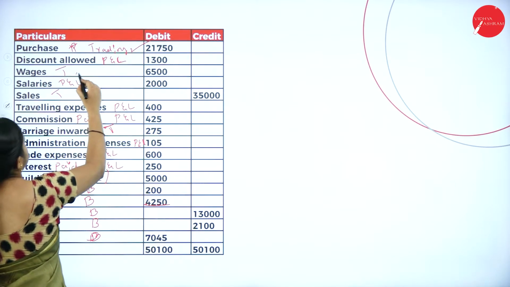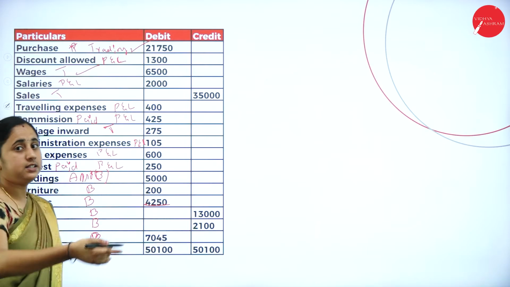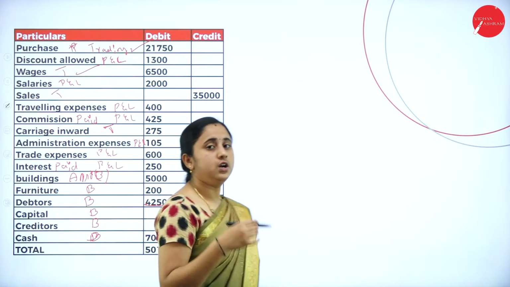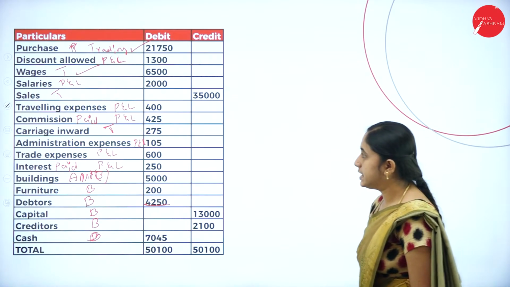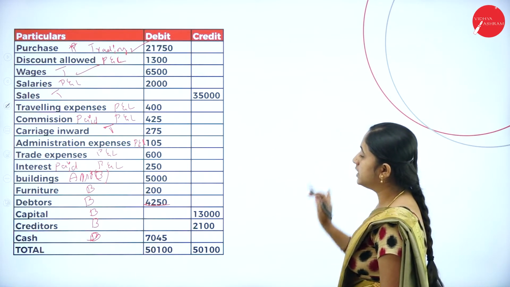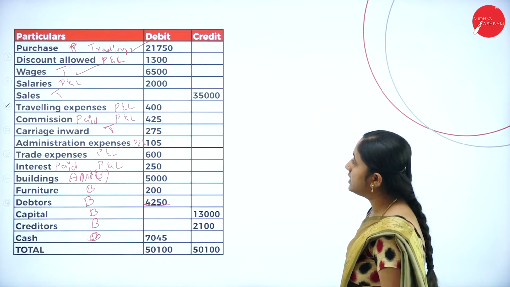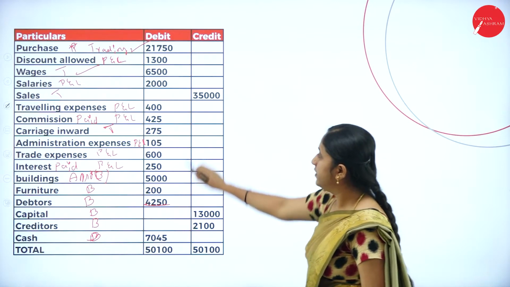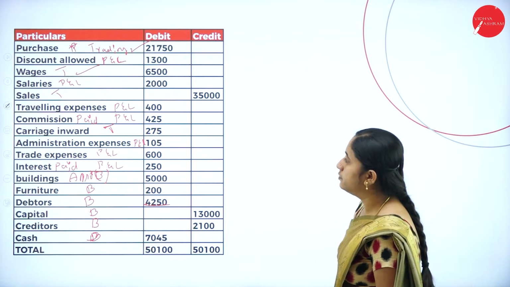Then sales. Sales is direct income. So purchase is on the debit side, sales on the credit side. Write sales in the trading account credit side, 35,000. Before writing sales, just verify whether you have any sales return or return inwards.